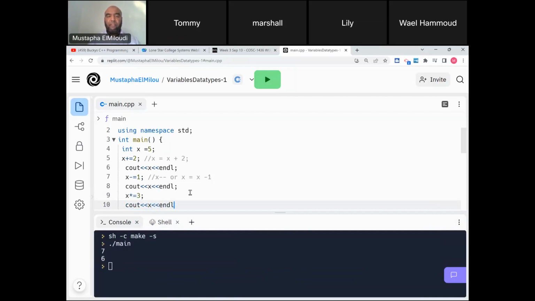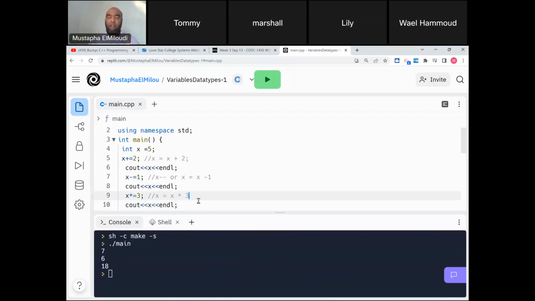So if I run the program, it's going to say 18. And again, this expression is the same thing as x equal x multiplied by 3. That means the old value of x, which was 6, I multiply by 3, 18. Now the new value of x is 18.